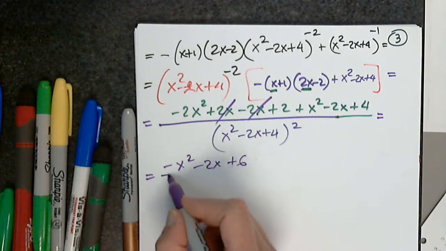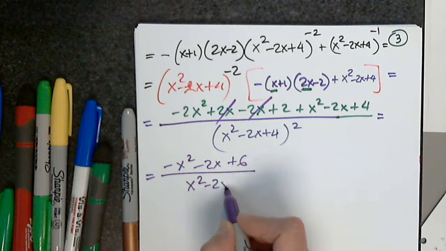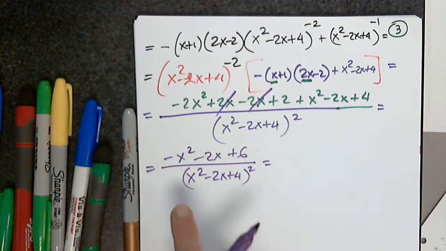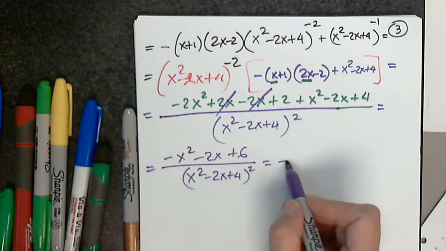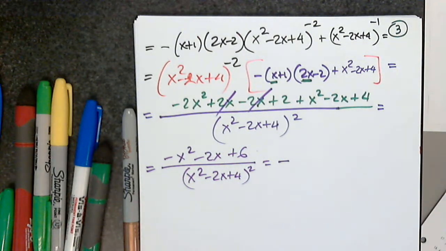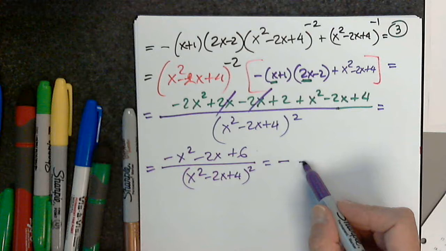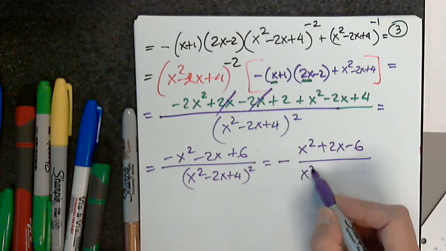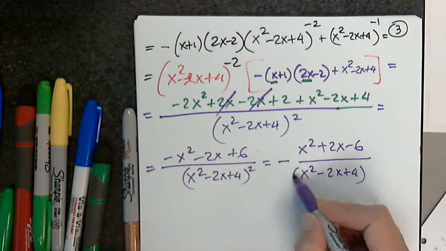Very good. I recommend, since the leading coefficient in the numerator is negative, factoring it out like we just did in the previous example. So negative, x squared plus 2x minus 6 over x squared minus 2x plus 4 squared.